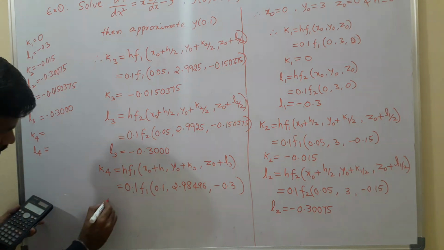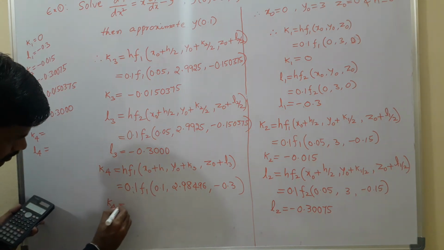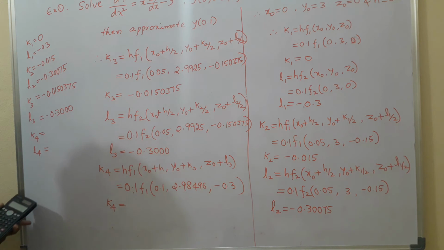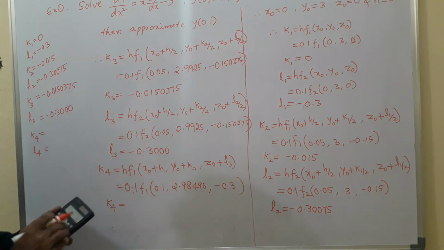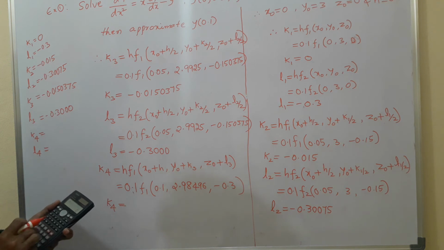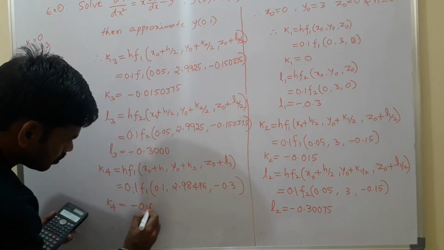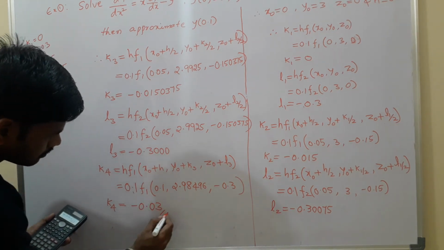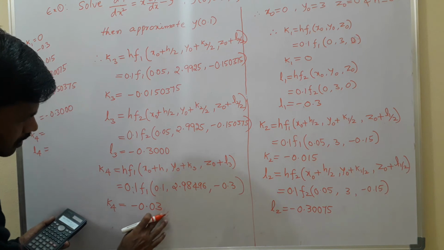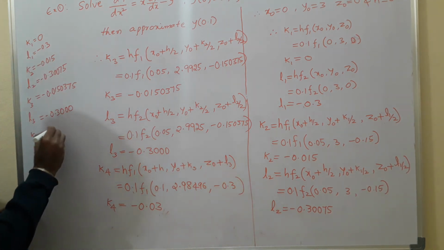So K4 equal to, that is z, minus 0.3 into 0.1, we get minus 0.03.